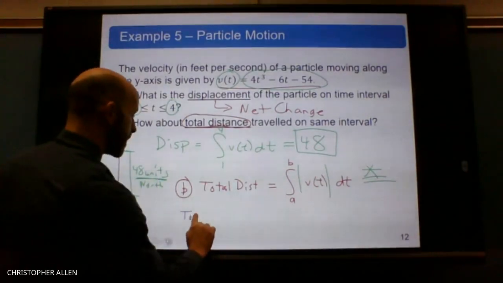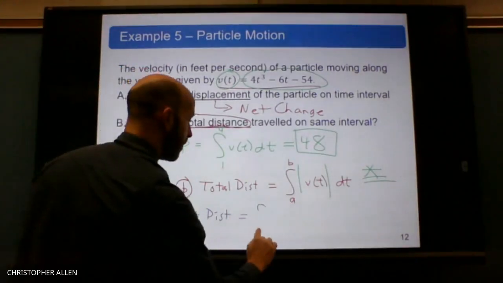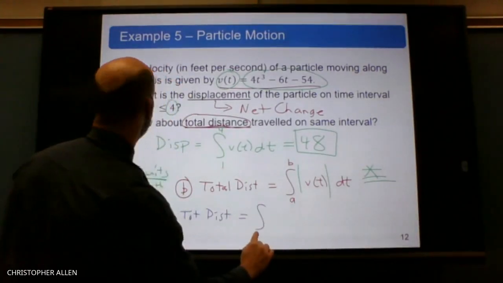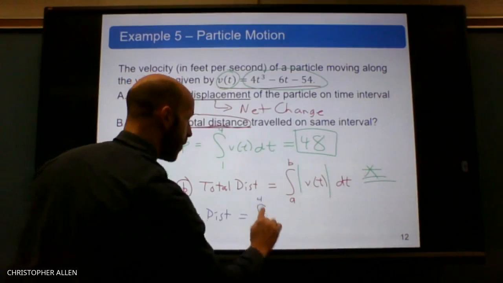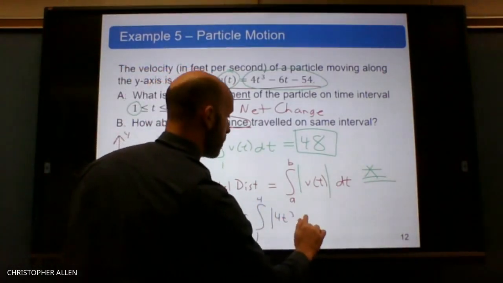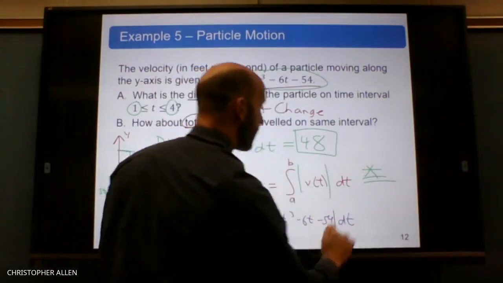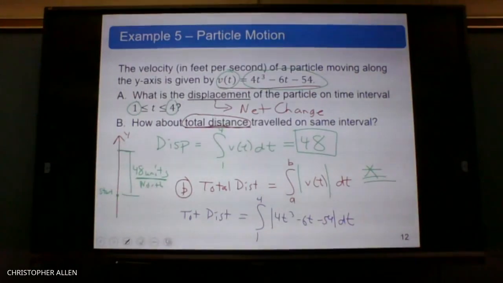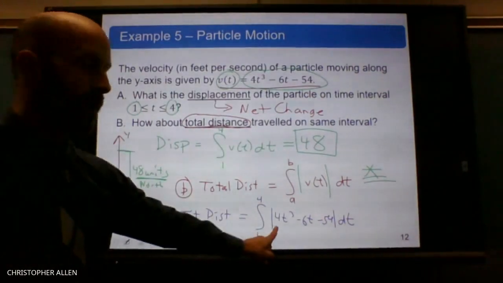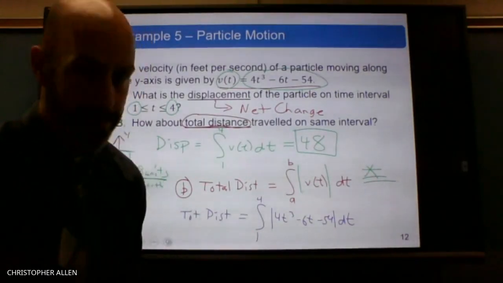Now, in this particular example, let's do it in purple. The total distance is going to be calculated from, I think, what did I say, 1 to 4, the integral of the absolute value of 4t^3 minus 6t minus 54. Now, I would love for someone to take some time to figure out how you would do that one by hand.